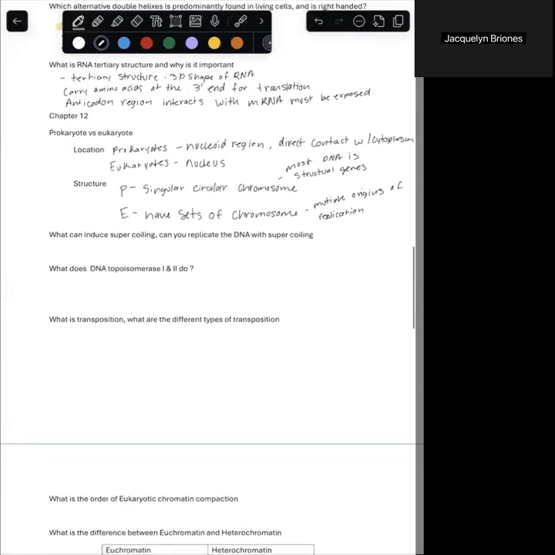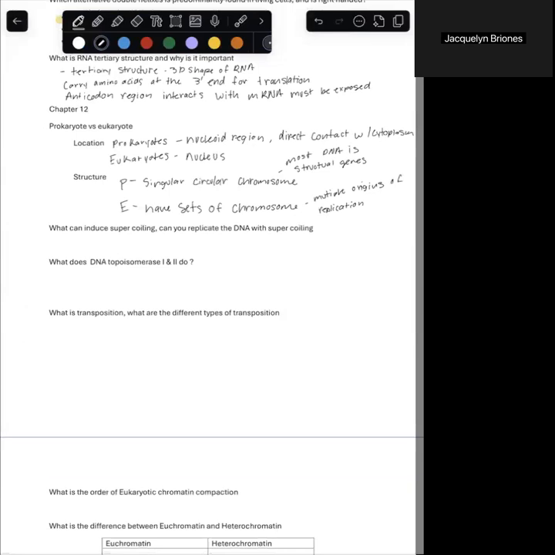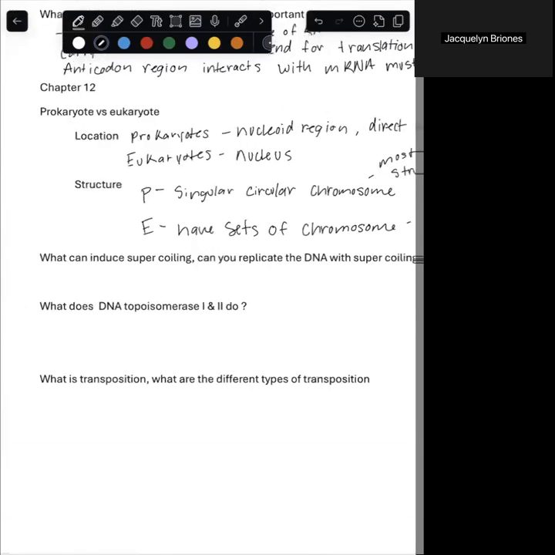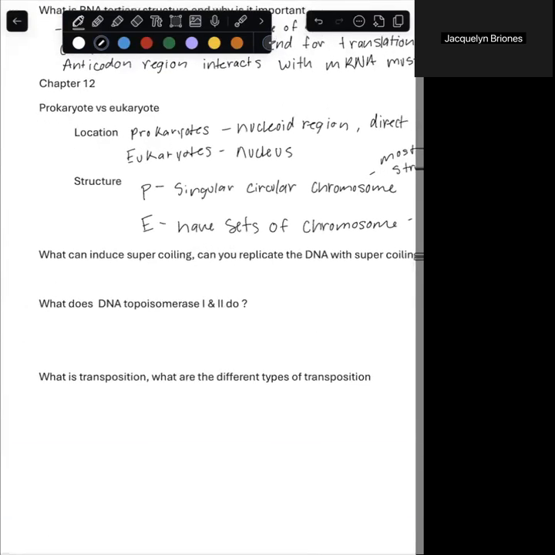Okay. What can induce supercoiling? Can you replicate the DNA with supercoiling? So what can induce supercoiling is underwinding and overwinding.